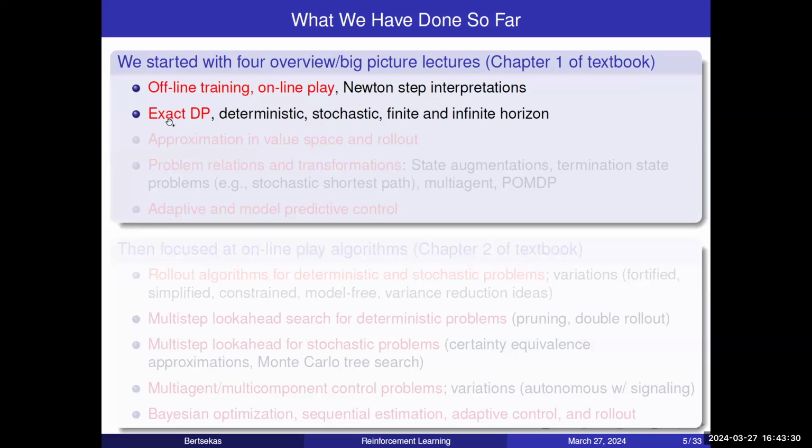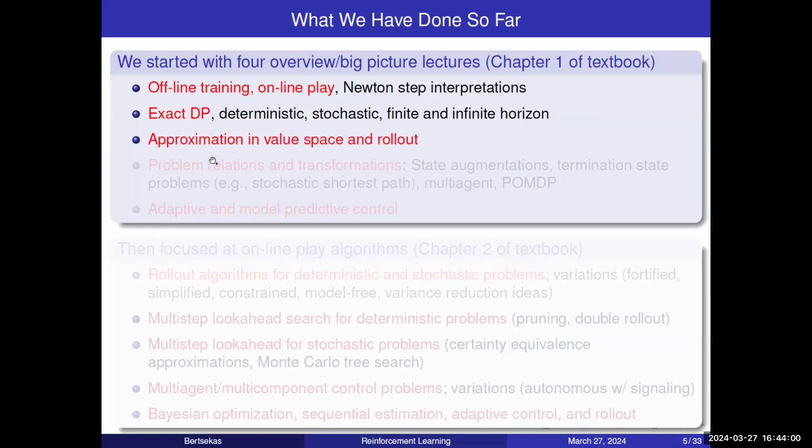And also in this stage, you have already seen that, for example, for the traveling salesman problem in your exercise, it makes little sense to solve it using dynamic programming to get the exact solution, but it makes a lot more sense when you want to solve it approximately using rollout or approximation in value space.